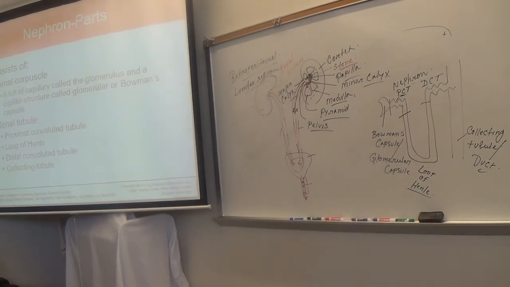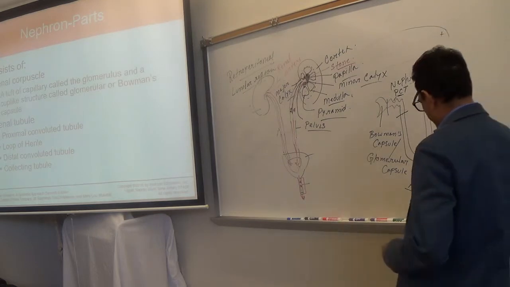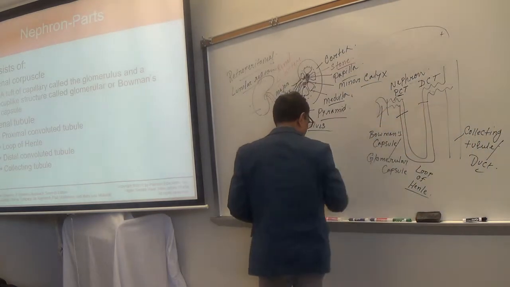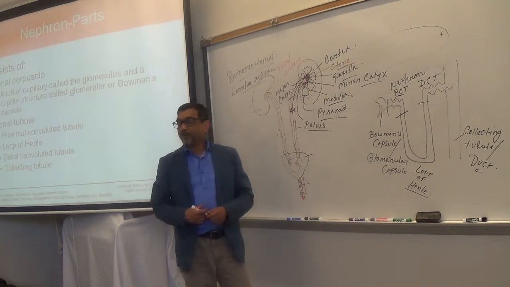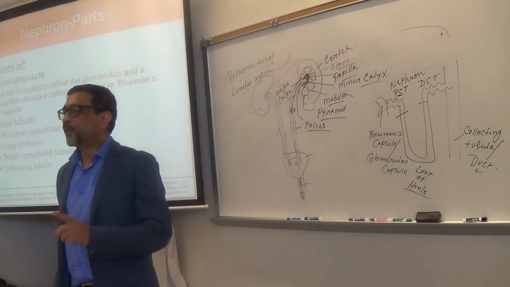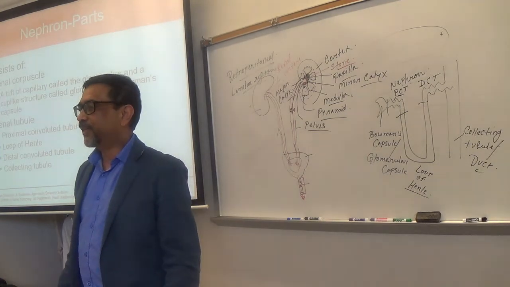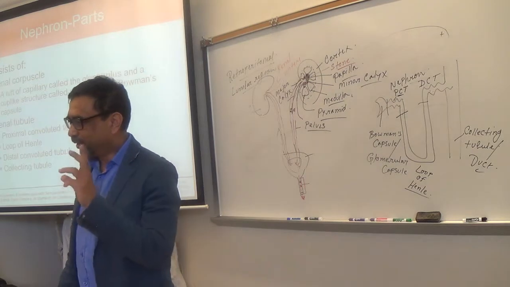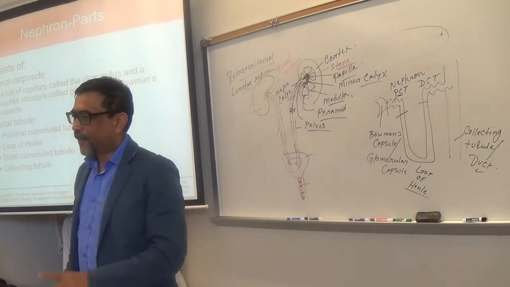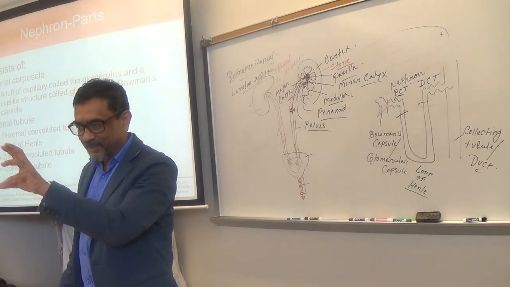Now let's see how the nephron works. In each kidney, you have more than 1 million nephrons. In each kidney, how many? More than 1 million. Can you just think that each kidney is like this, right?